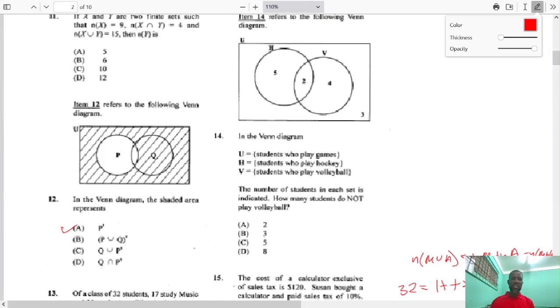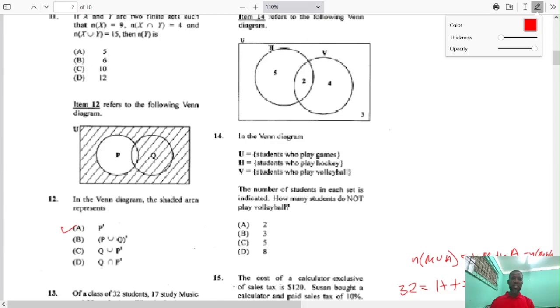Looking at number 15, the cost of a calculator exclusive of sales tax, that means sales tax is not included, is $120. Susan bought a calculator and paid a sales tax of 10%.